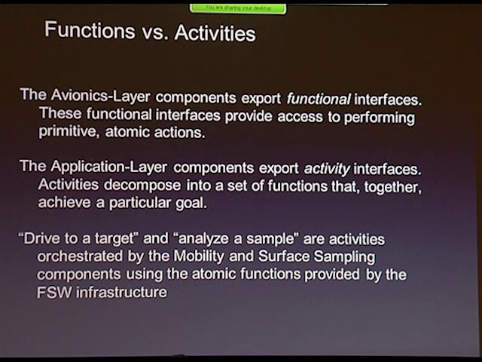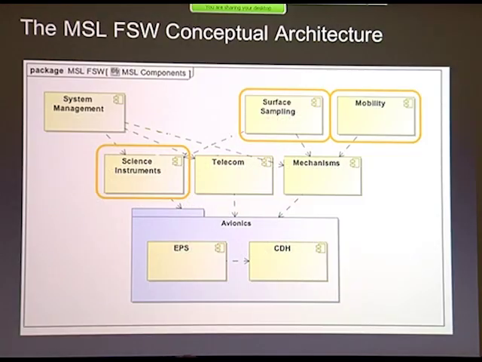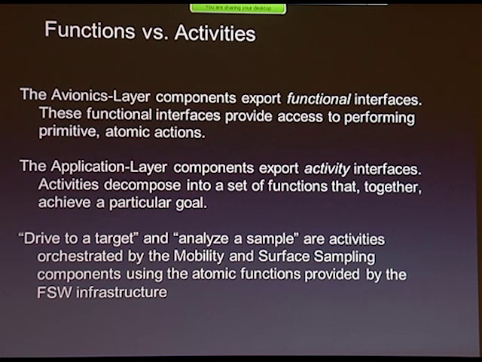So then the application layer components export activity interfaces. Activities decompose into a set of functions that together achieve a particular goal. If we did our job right, if we did the layering right and we did the componentization right, this infrastructure provides all the atomic functions necessary to perform activities at these higher application levels. And that's exactly what we did.